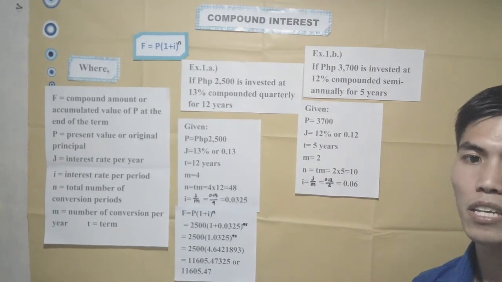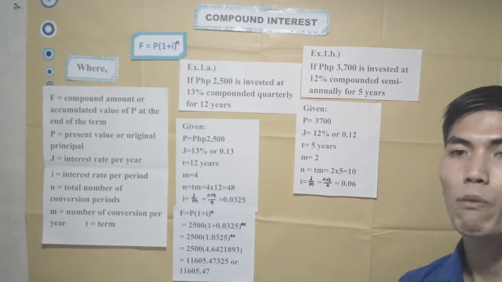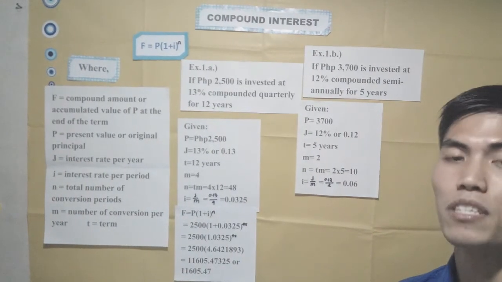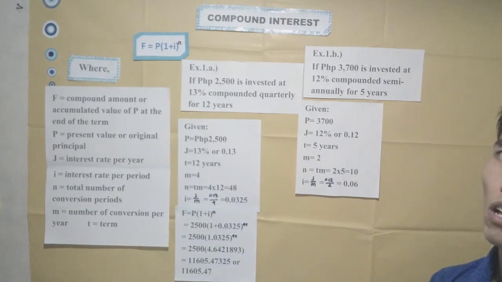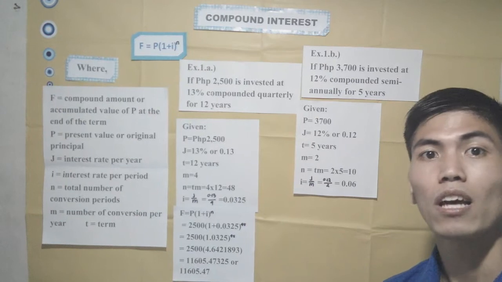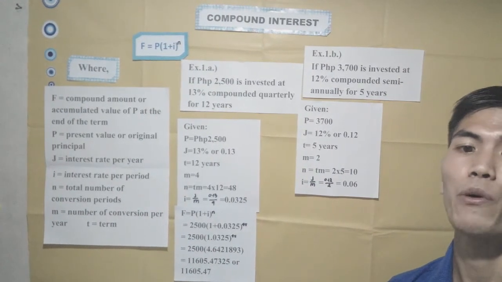And i is equal to j over m, which is 0.12 over 2, equal to 0.06. By the use of the formula, F is equal to P open parenthesis 1 plus i close parenthesis raised to the power of n.